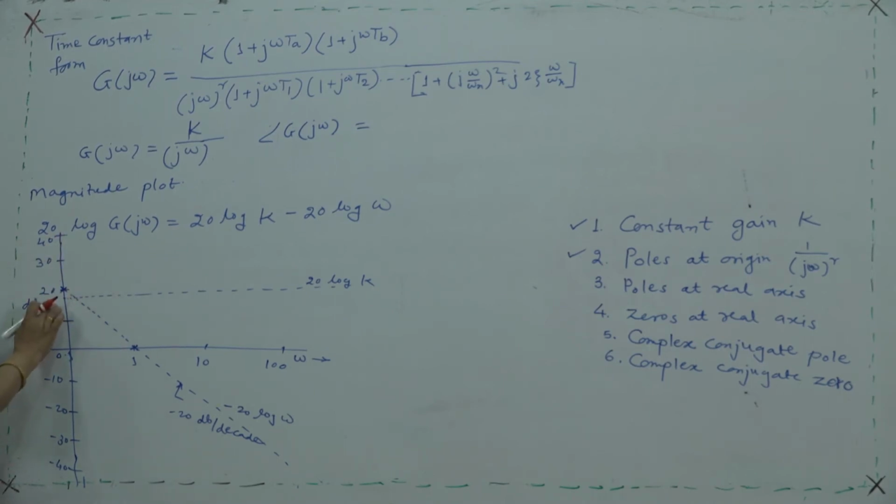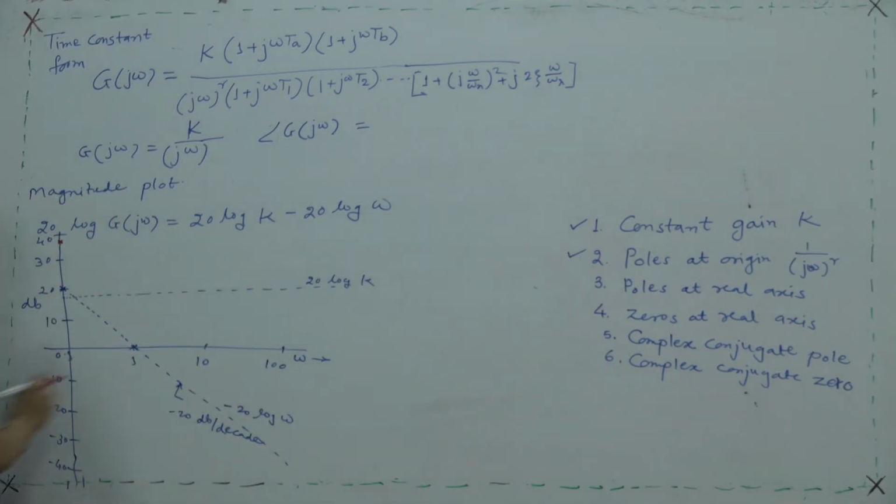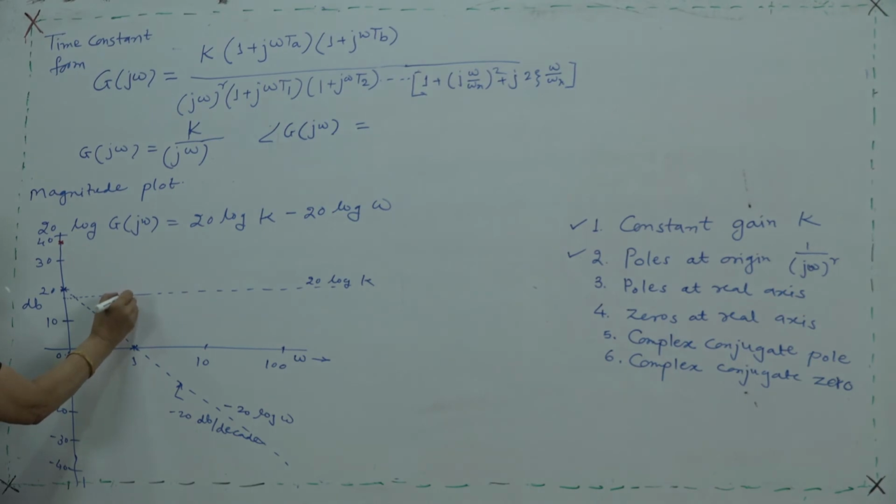So, suppose this is 18, then you will get somewhere here 38 this point. Then at 1, what will be the value? Actually it is 0 dB. So, contribution is 0. So, only 20 log of K will be the value. So, at 1 the value will be 20 log of K.